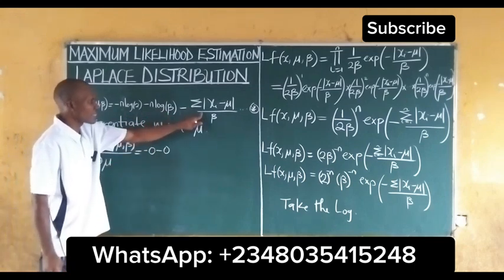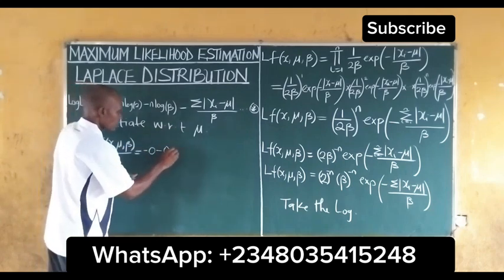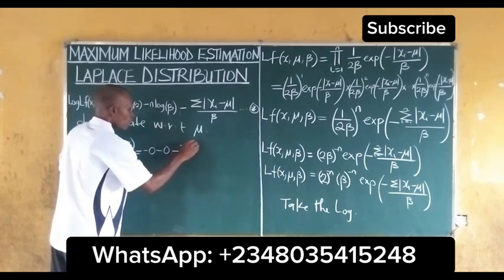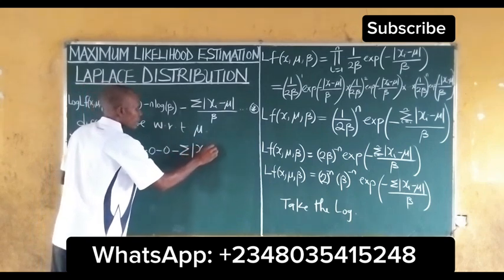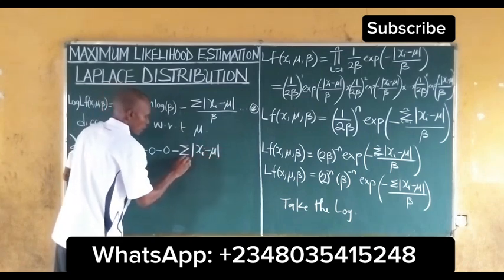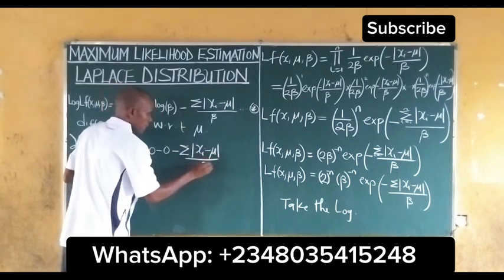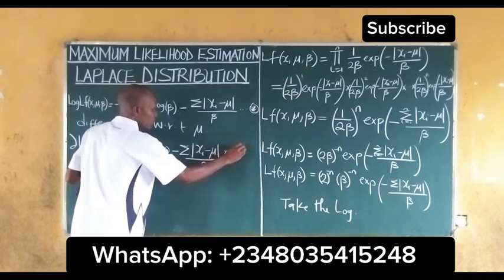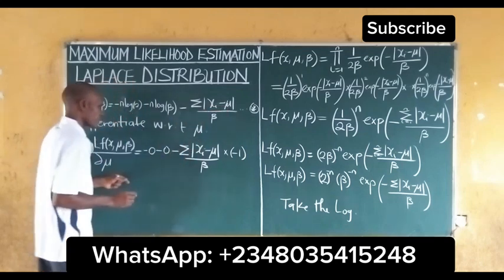If we differentiate this, we get negative summation of the sign of xi minus mu all over beta, multiplied by negative 1, which is the derivative of the value inside.